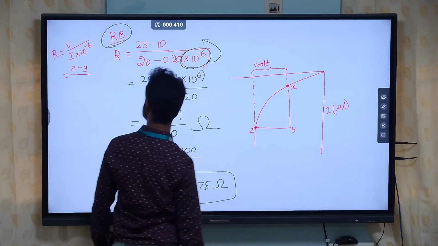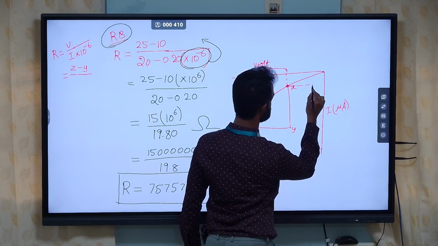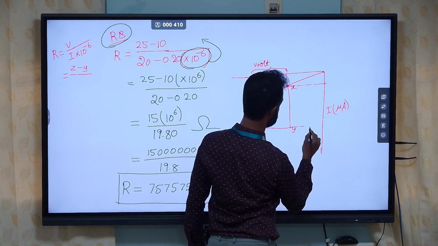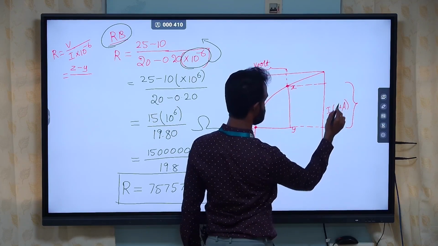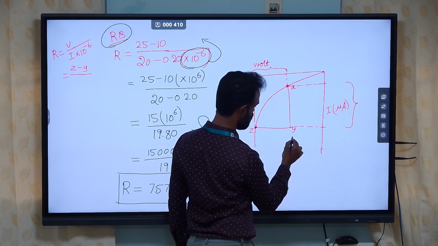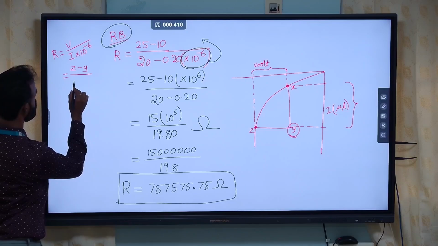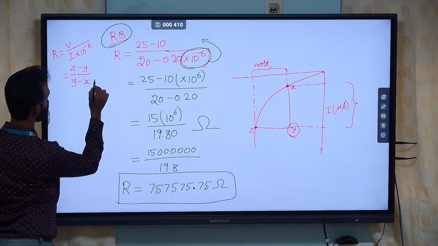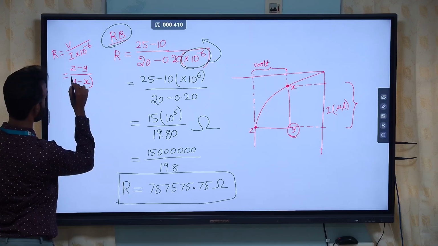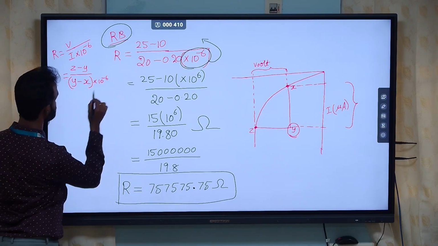Likewise, if we need I, current value, we need to look at the Y axis, the distance from this point to this point. Here the bigger number will be Y minus X, within brackets into 10 to the power minus 6.